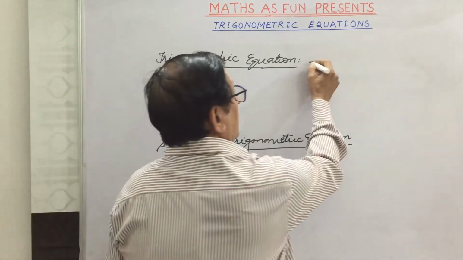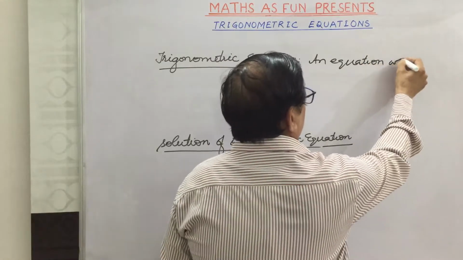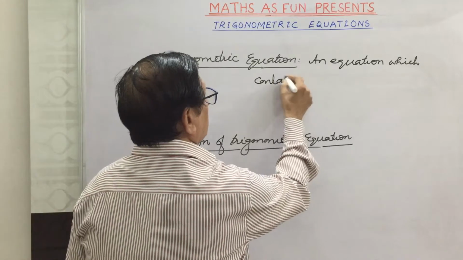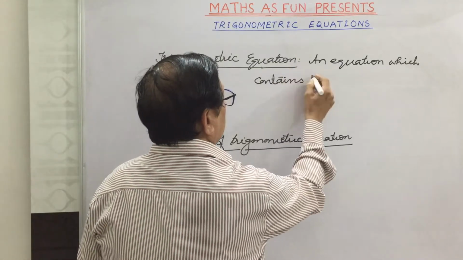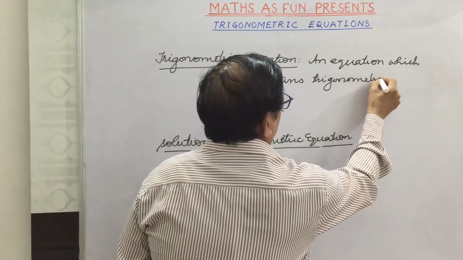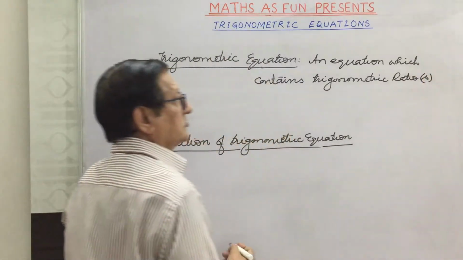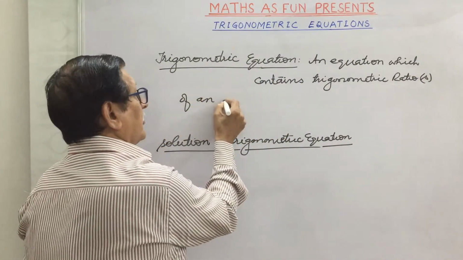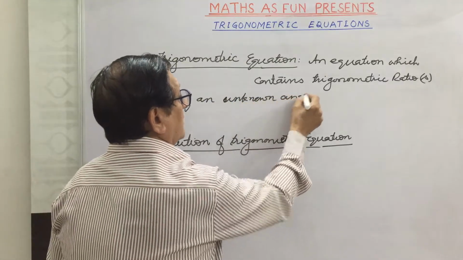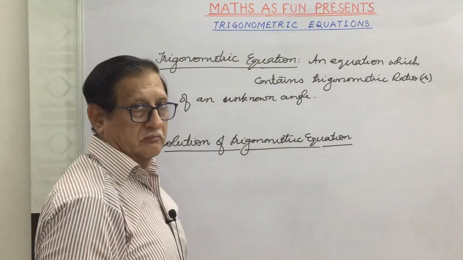So we say an equation which contains trigonometric ratio or ratios of an unknown angle is a trigonometric equation.